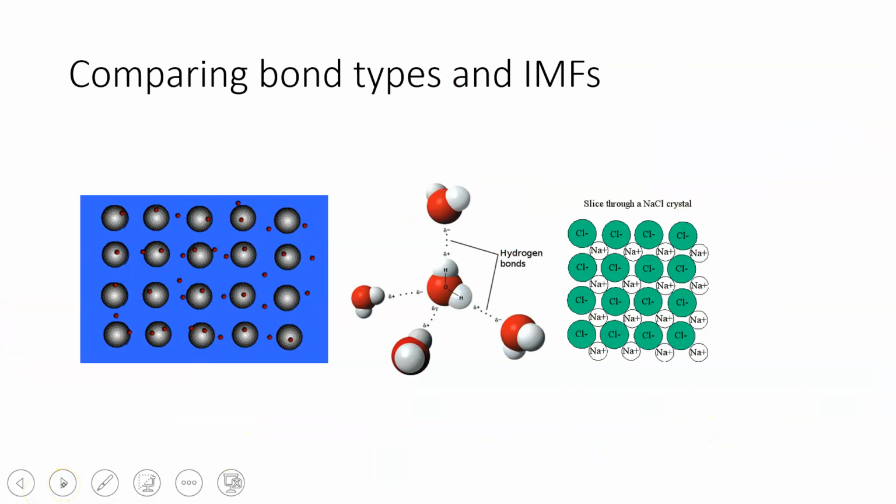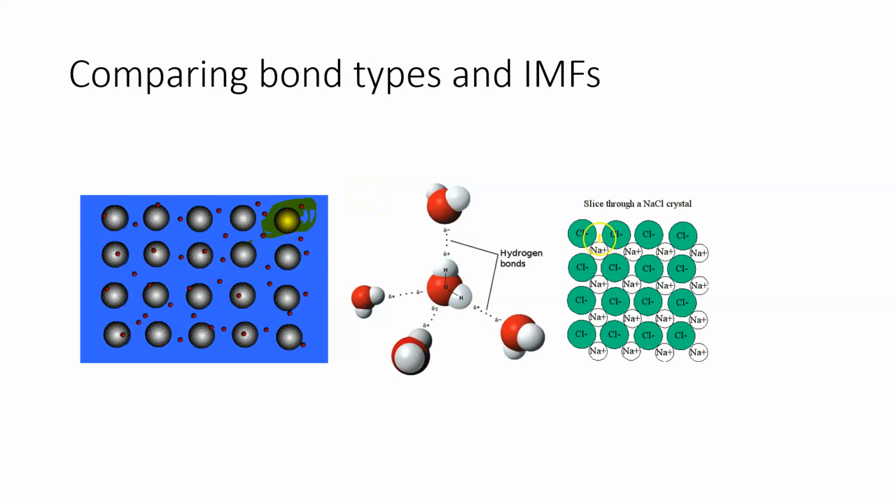All right, here's another picture that just kind of compares the different bond types. Again, if I were to try to separate one unit of a metal from the rest of the metal, I would have to break the chemical bond, the metallic bond, in order to do that.